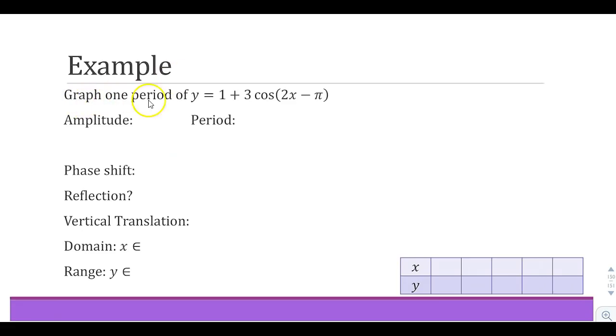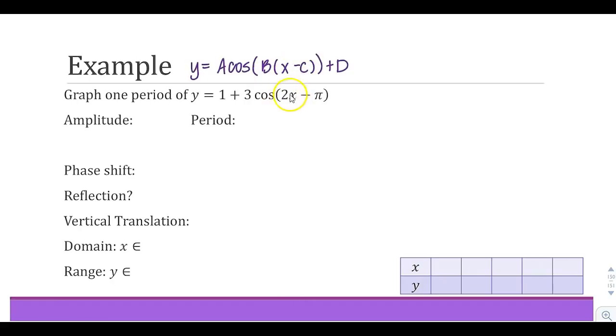In this example, we want to graph one period of y equals 1 plus 3 cosine of 2x minus pi. So first we'll write the general form. So we can see that it doesn't quite match up exactly. So we want to do a little bit of rewriting. We want to put the 1 in the back. We want to go ahead and add that value of d. And the inside of cosine has to be b times the quantity x minus c.